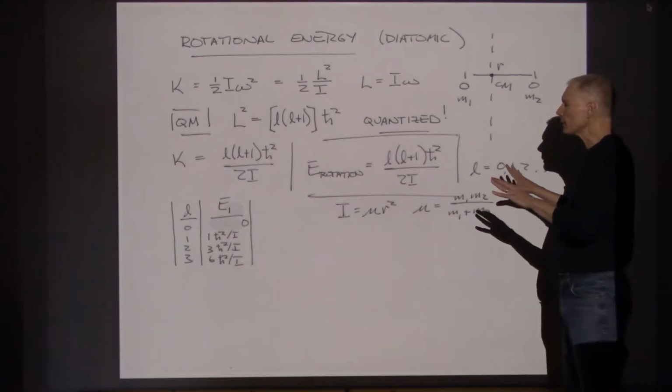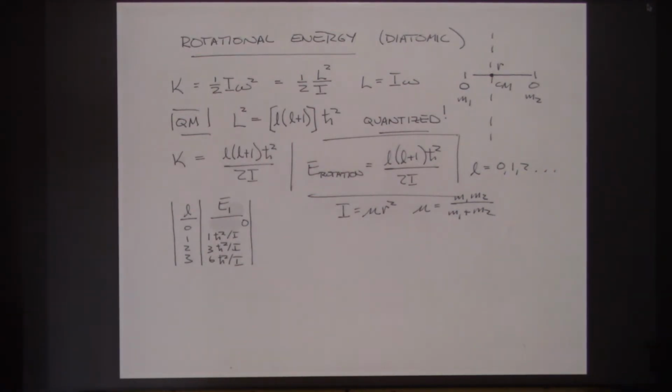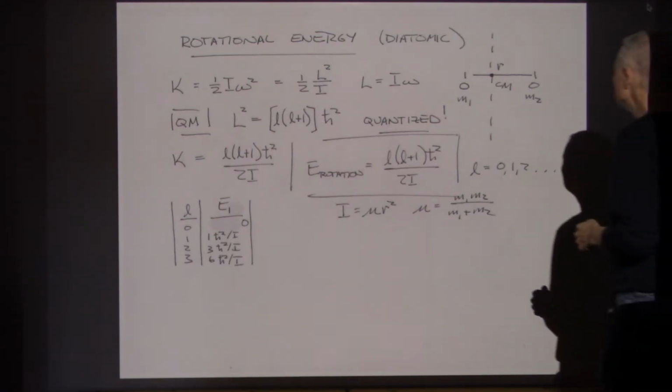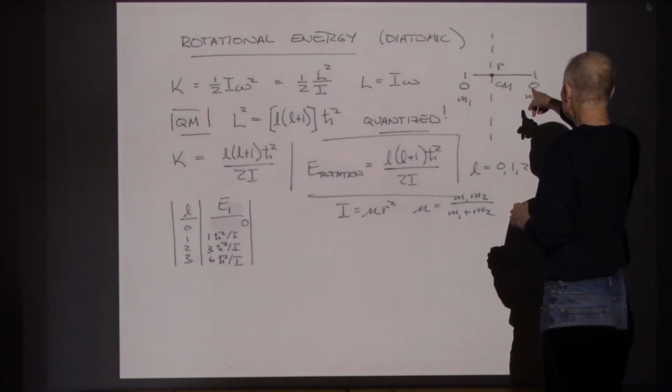So what we've done here is set up a series of steps. How do we go through and calculate the rotational energy of the different possible rotational quantum states in a diatomic molecule? And I would say, start here.